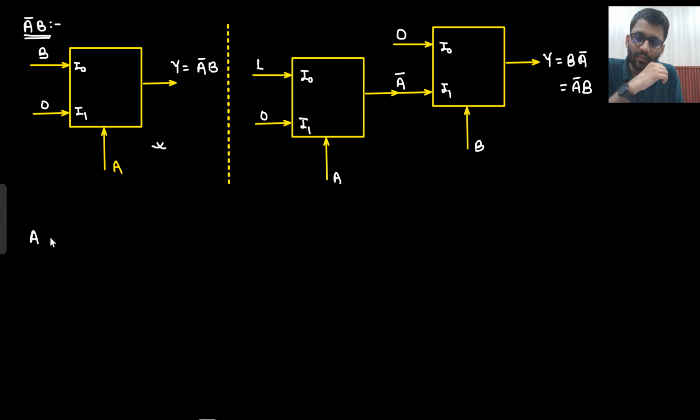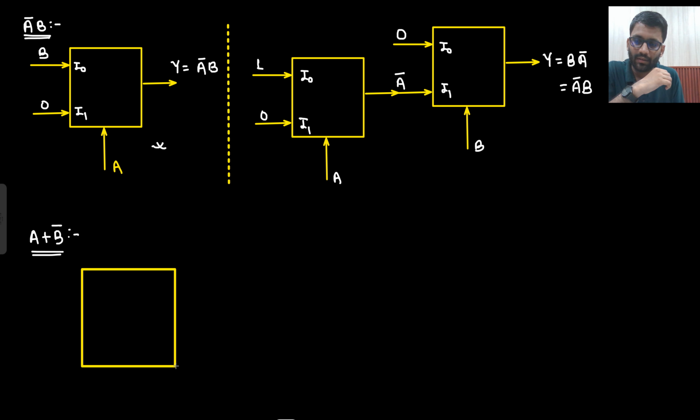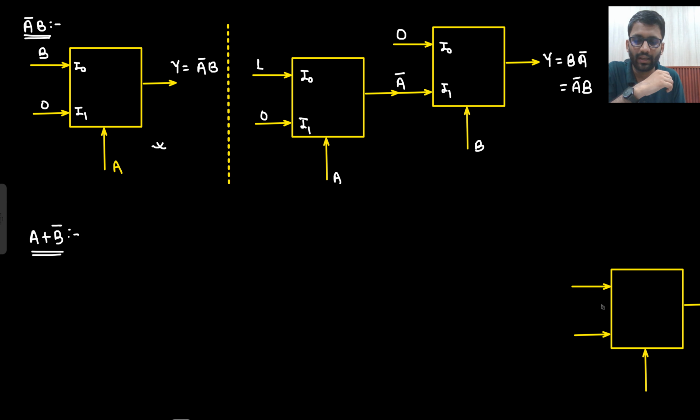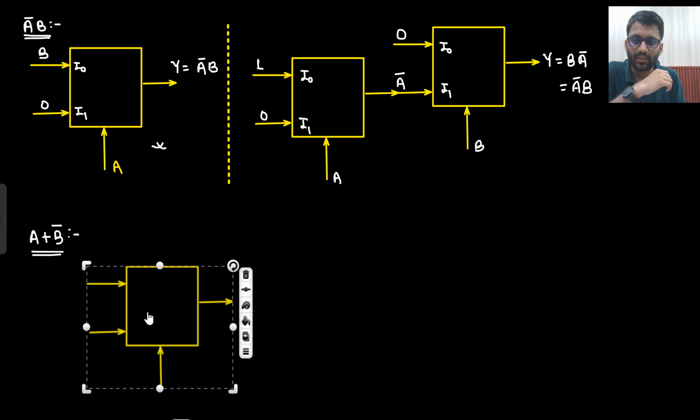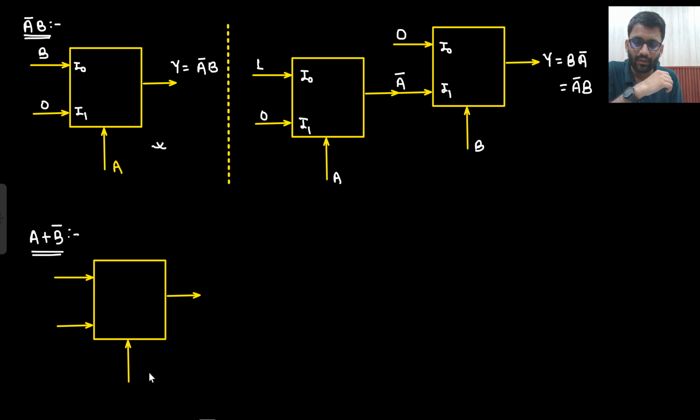So you need to implement A plus B bar. Let's use A as a select line. If I use A as a select line, I have a problem. Why do I have the problem? Because I know what will come with A, but I do not know what will come with B bar. So I have to solve it. A plus B bar, what can I add?